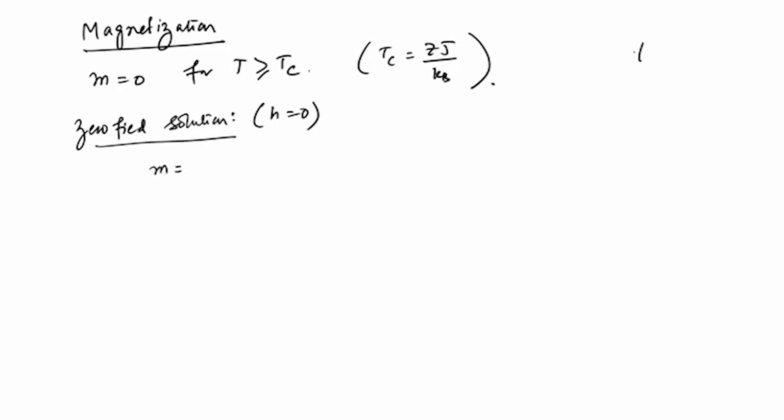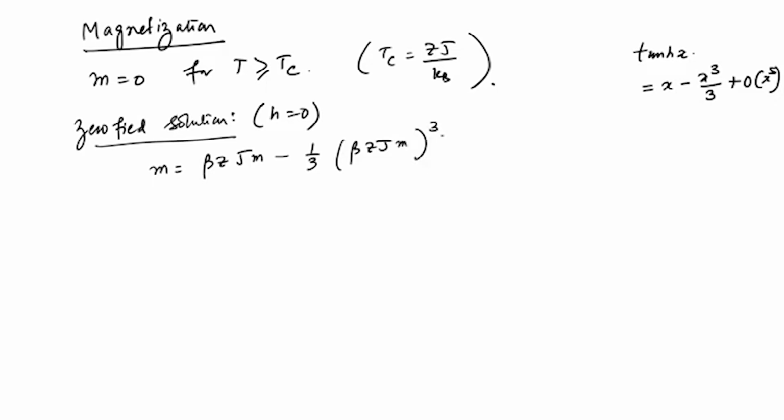The tanh x for small x can be expanded as x minus x cube by 3 plus terms of the order of x to the power 5. So, these are all the odd terms that remain. If you do that expansion of the magnetization term, then it is beta Zj m minus 1/3 beta Zj m cube, and so on.